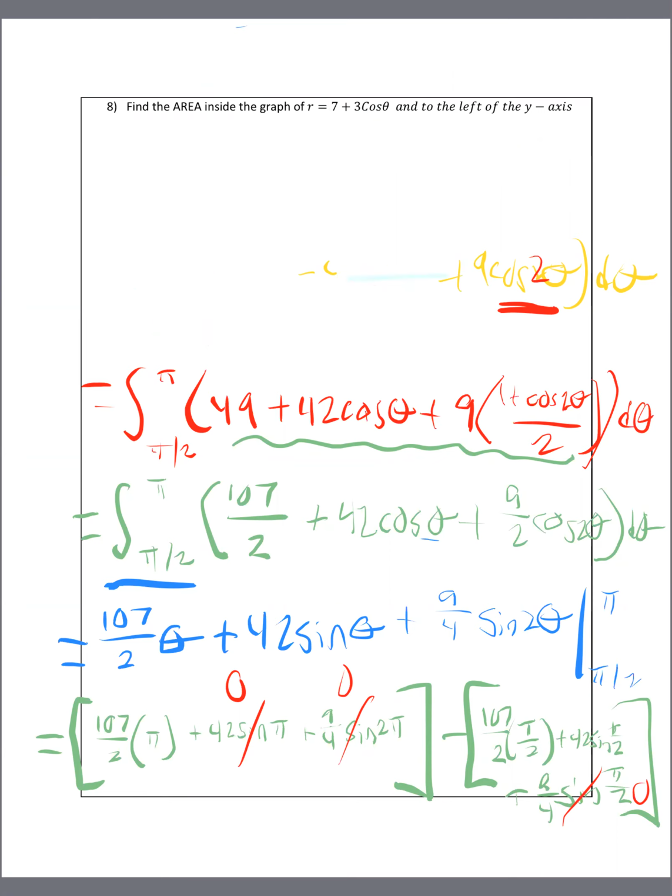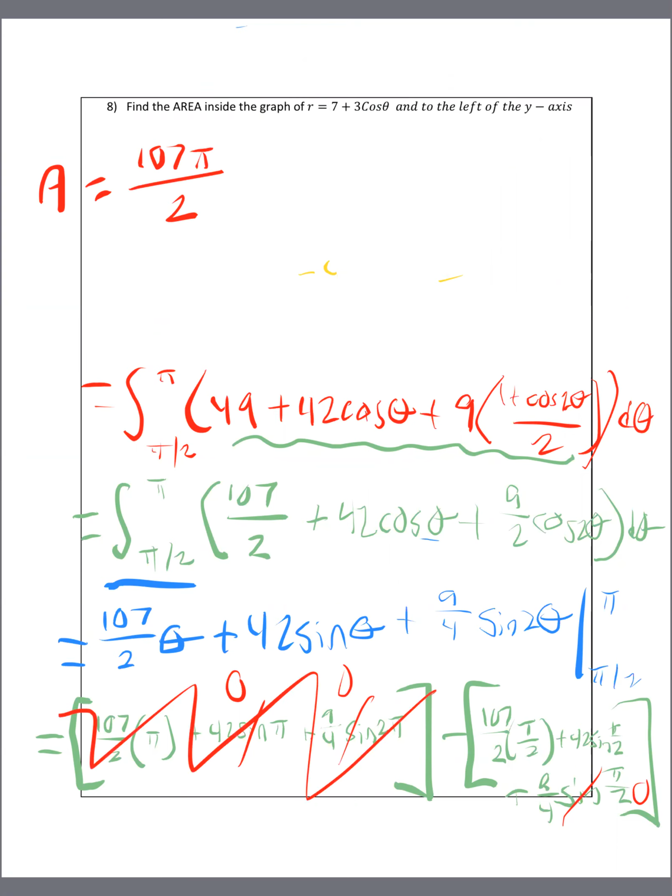So at this point, all we're left with, because we've replaced some of these terms with 0 just to simplify our lives, of course, is 107 pi over 2, right? And then I'm going to just cross this out because we've already dealt with this. Minus, inside the brackets, we have 107 pi over 4.